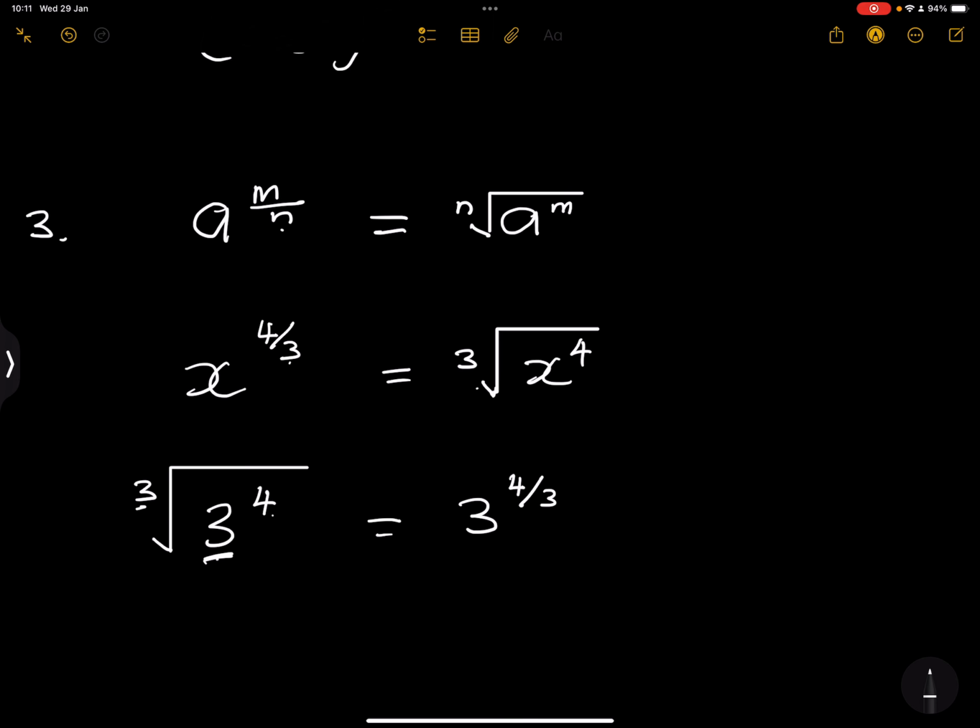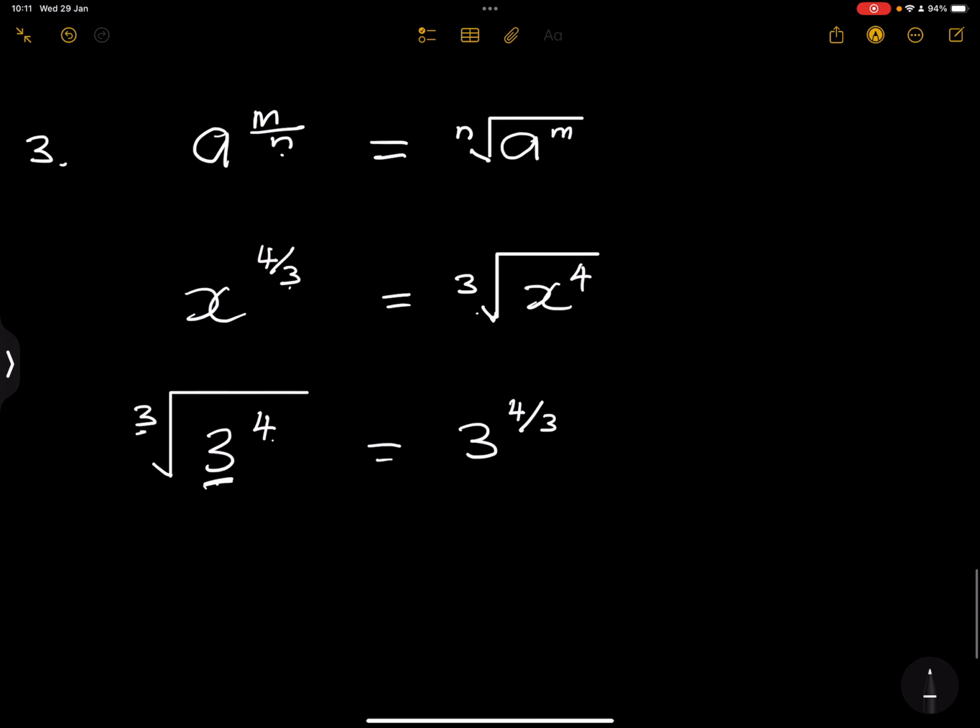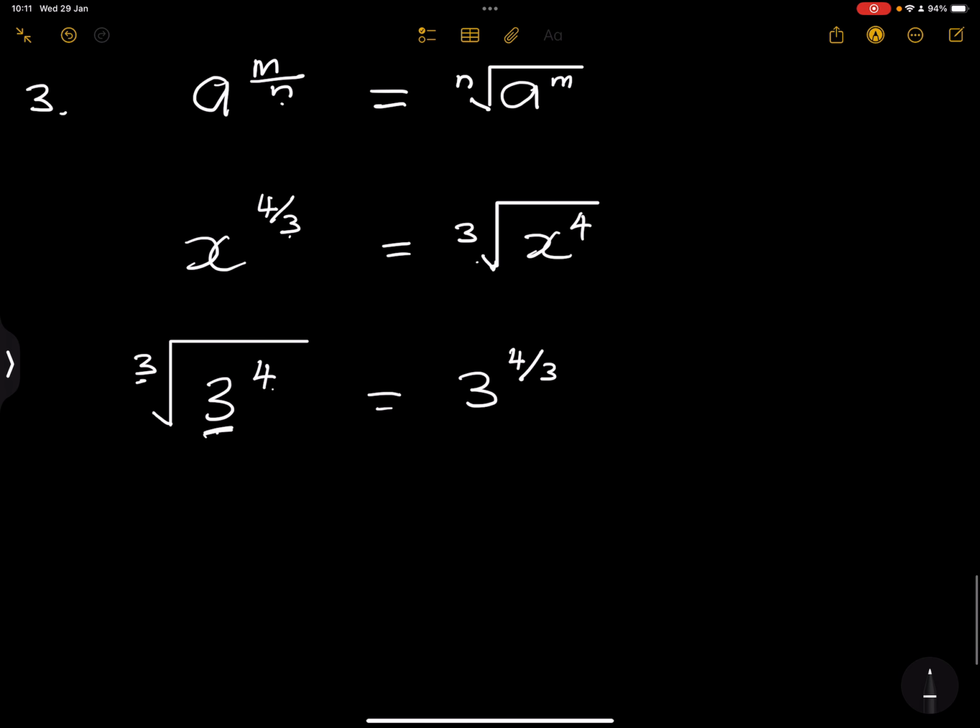Right, now ladies and gents, of course there are many others that we can talk about, and I just want to take some time and talk about them a little bit because they become very, very important as we continue. So number 4, I'm not going to stay as much on them, but I think they are equally important.